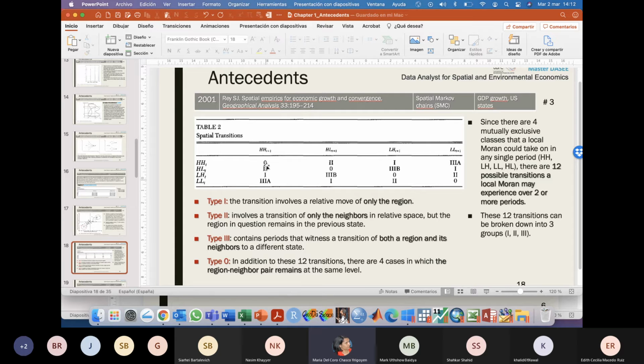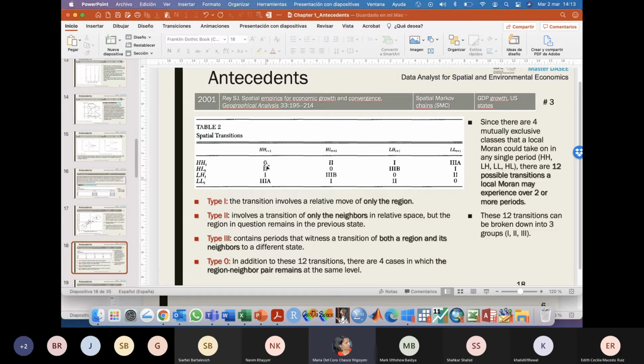For example, a state or a region that goes from high in T to low-high in T plus 1, a region moves from high to low, but its corresponding neighbors remain in H, in high.